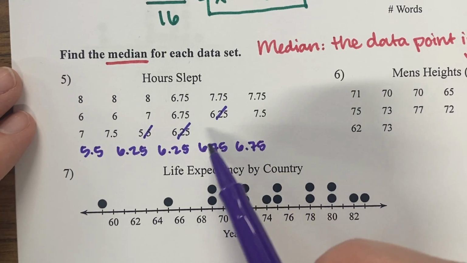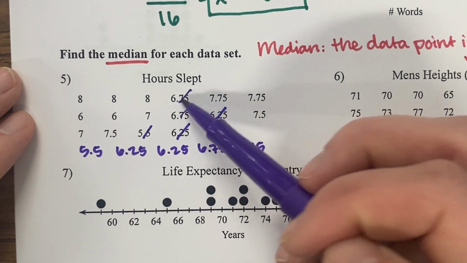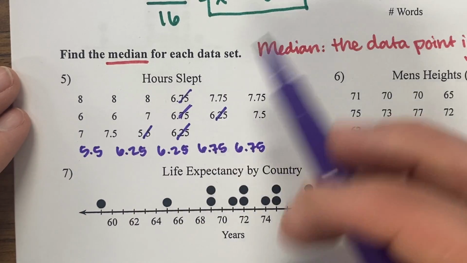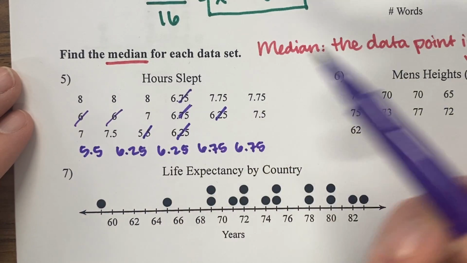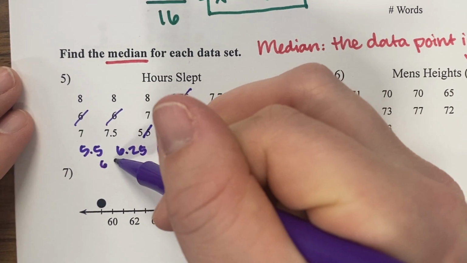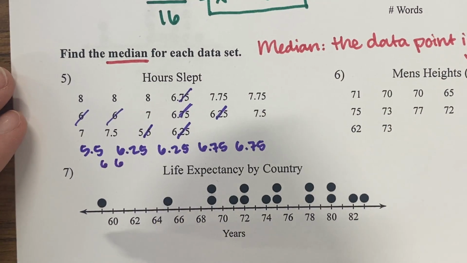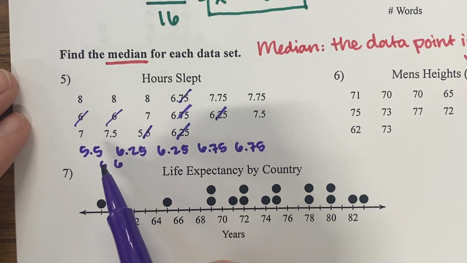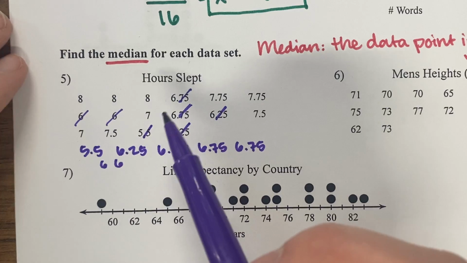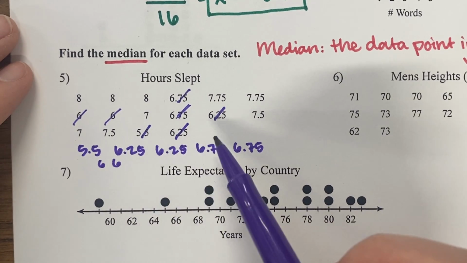Okay, and let's see, cross both of those guys off. Nothing else in, whoops, totally forgot these 6s. So we actually have 2 6s right there. Excuse me. So it goes 5.5, 6, 6, then those 6.25s. Totally didn't see those. Hopefully you guys saw those before I did.